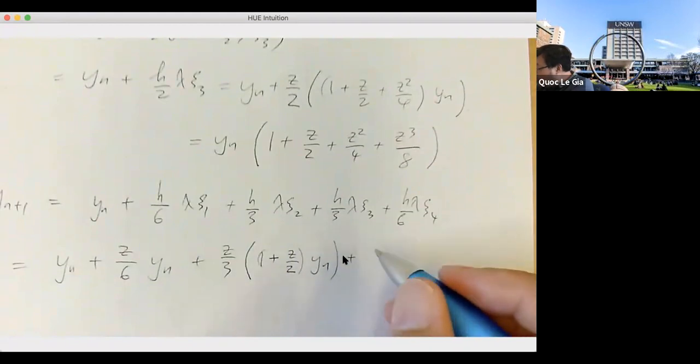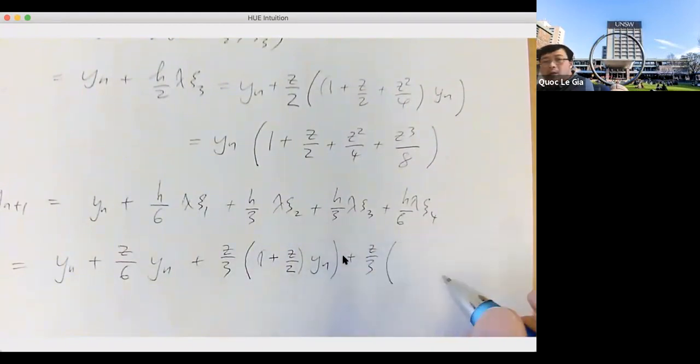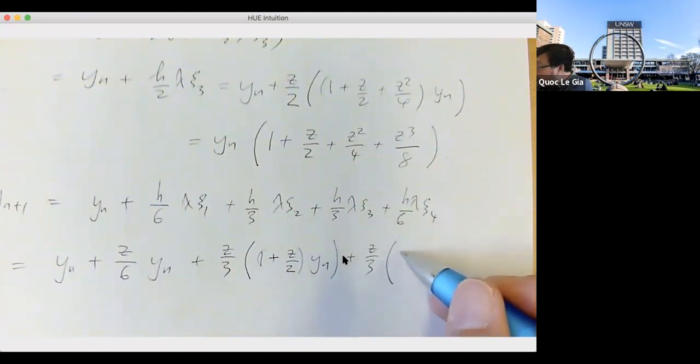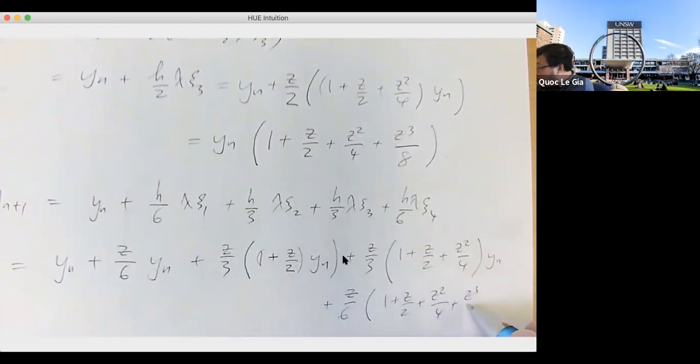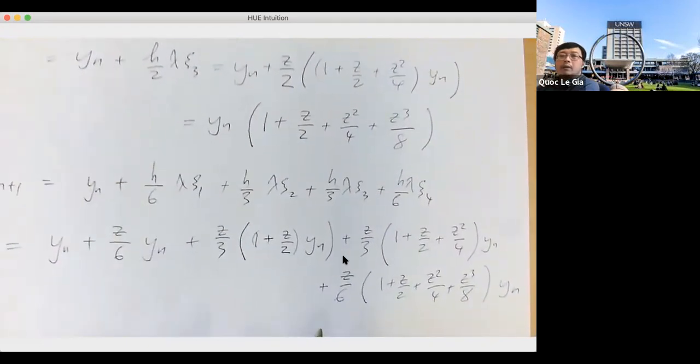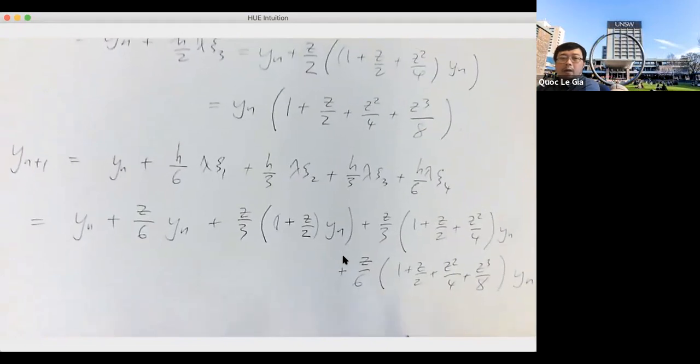Okay, plus z over 3, my xi 3 is just 1 plus z over 2 plus z square over 4 yn. Okay, plus z over 6 xi 4, just 1 plus z over 2 plus z square over 4 plus z cubed over 8 yn. Okay, so now you can see that yn can be the common factor.